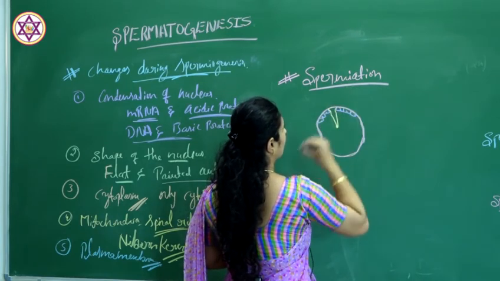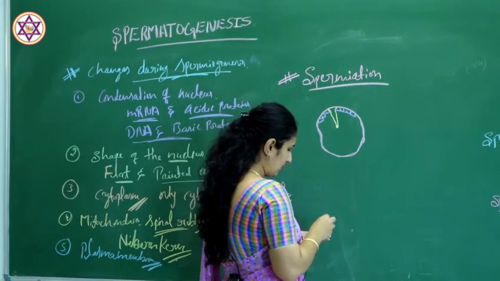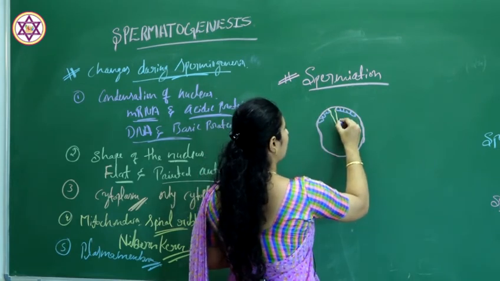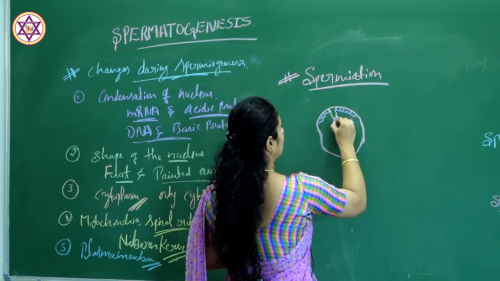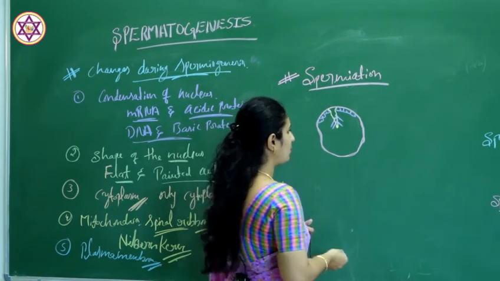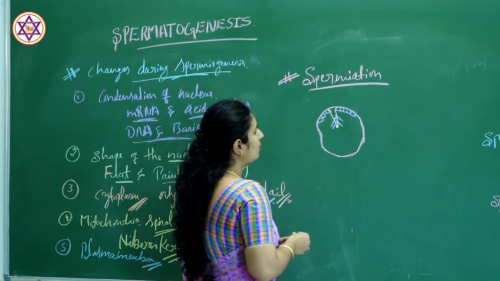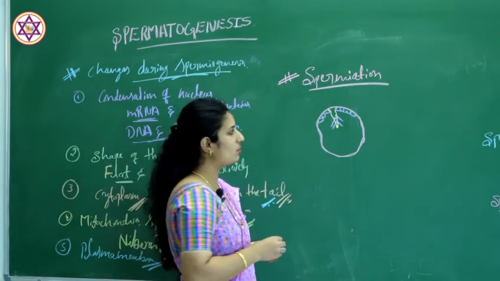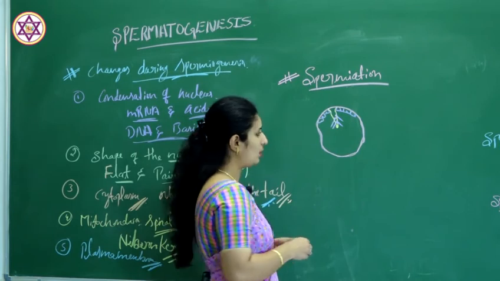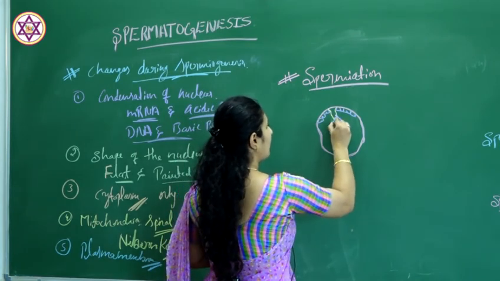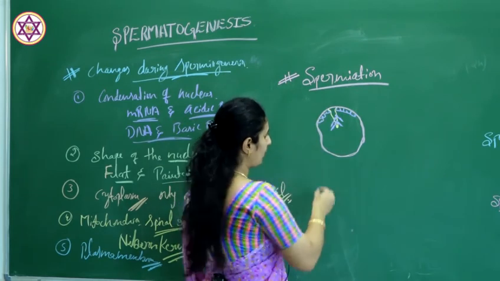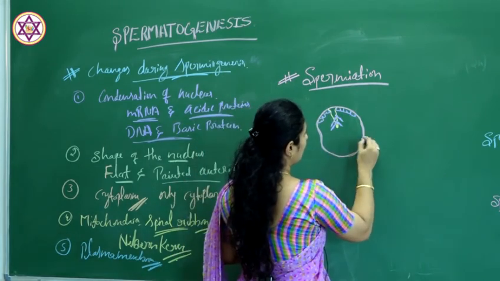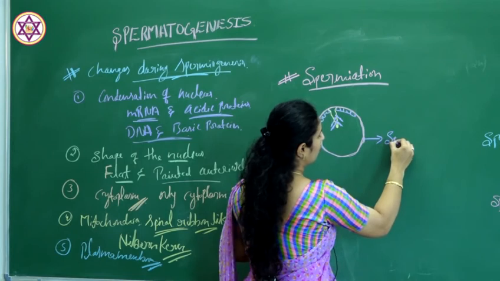The spermatids are embedded in the Sertoli cells. This is the germ cell, and this is the Sertoli cell. The mature sperms are released into the lumen of the seminiferous tubule. This process is called spermiation: the release of mature sperms from the Sertoli cells into the lumen of the seminiferous tubule.